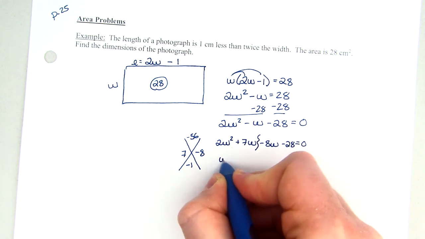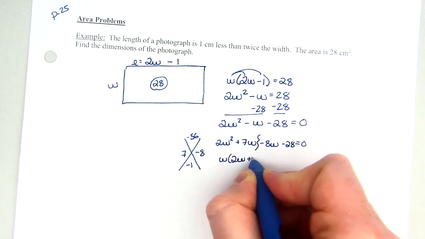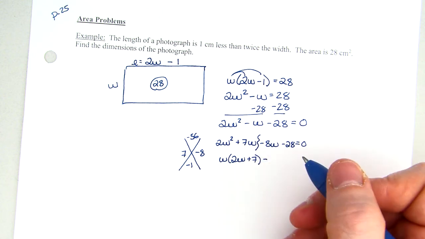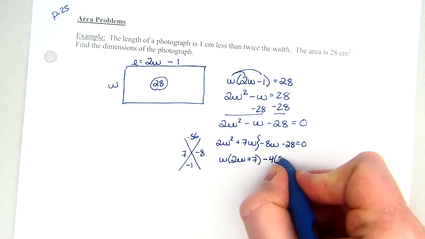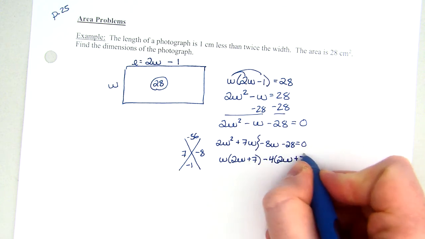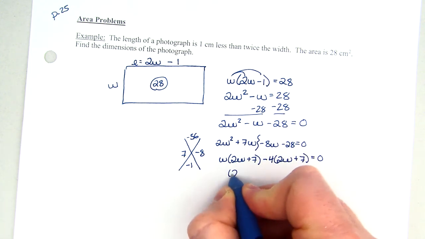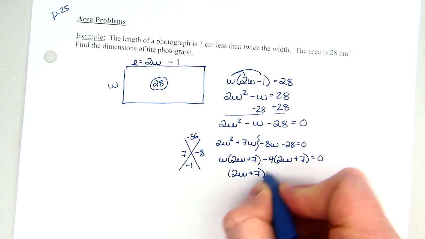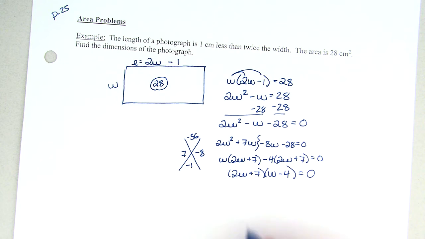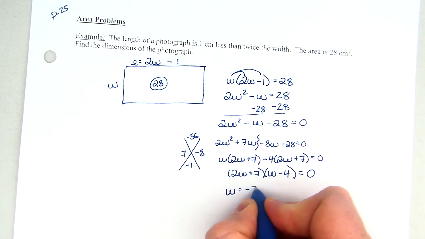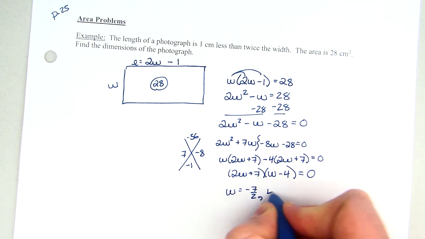Split it. 2w plus 7, and I'm going to take out a 4. I'll take out a 2w plus 7. I'm going to get w minus 4 equals 0, which should give me w equals -7/2, or 4.